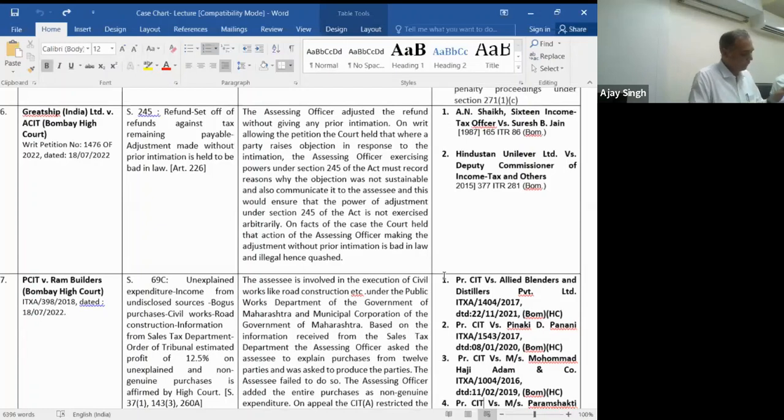Yeah, great. Now, Ship India Limited versus ACIT, Bombay High Court.